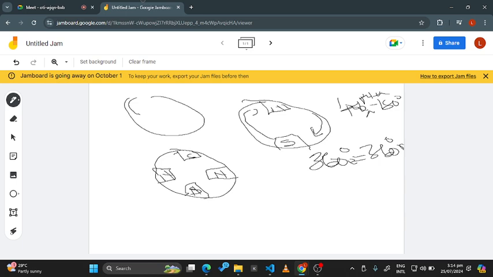Even though the number of poles is now four, from this pole to this pole is still one pole pitch. This is still one pole pitch, this is still one pole pitch, and this is still one pole pitch.